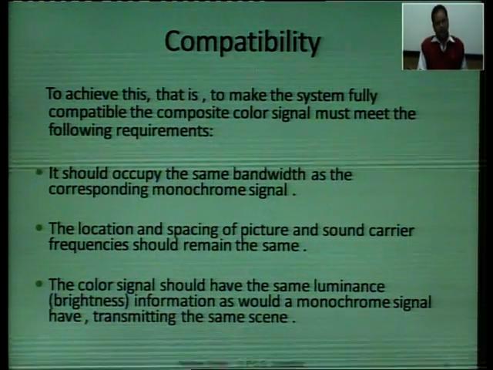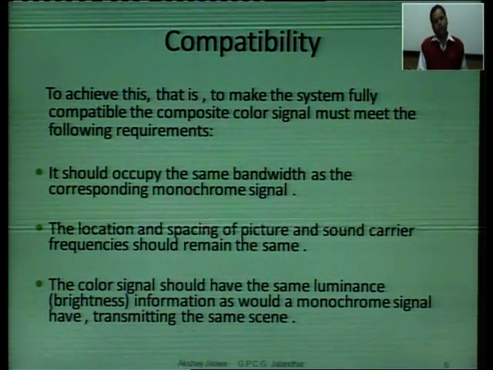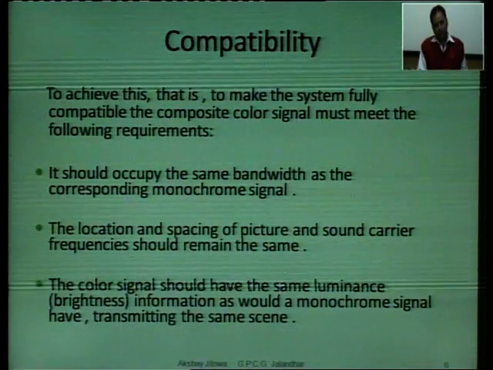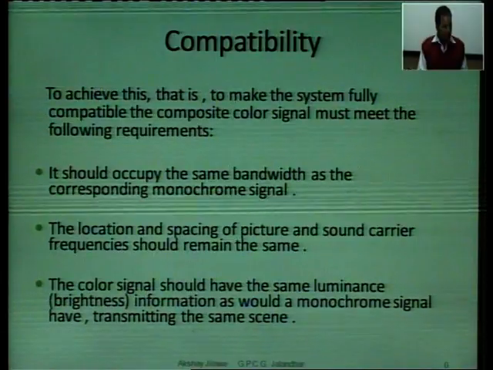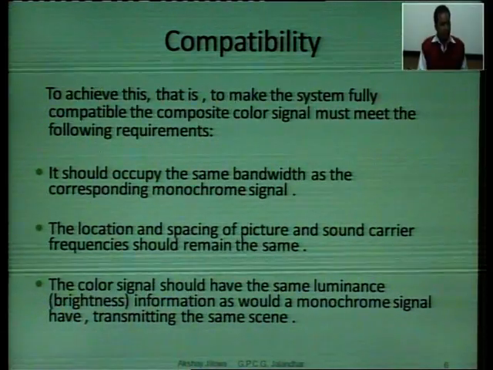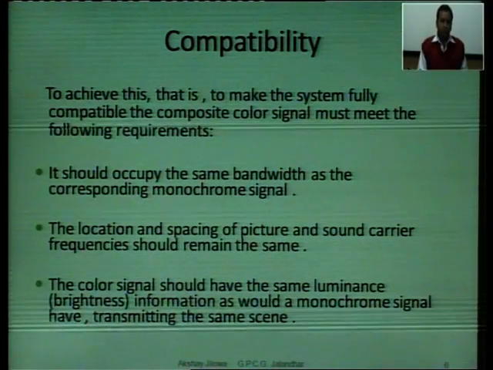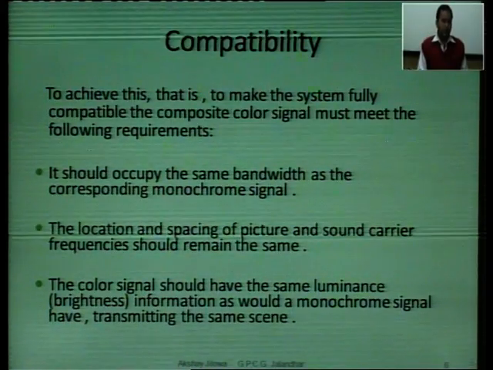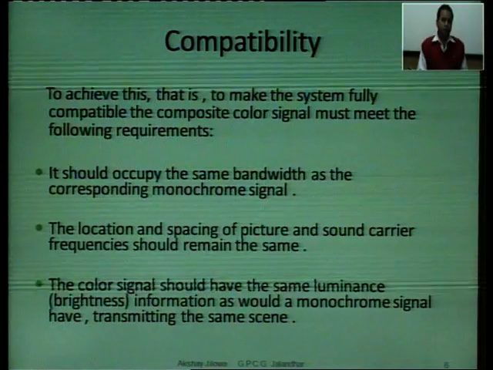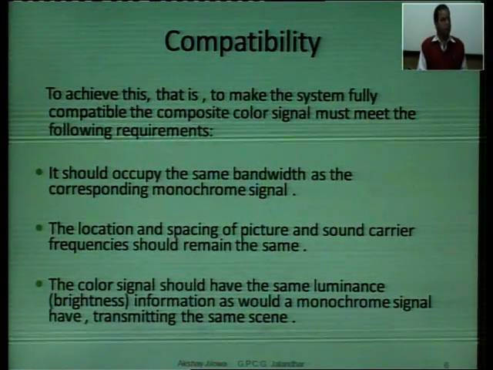Number 3, the color signal should have the same luminance, that is brightness information, as a monochrome signal would have, transmitting the same scene. When the same scene is being transmitted, the color signal should have the same luminance, which is brightness.